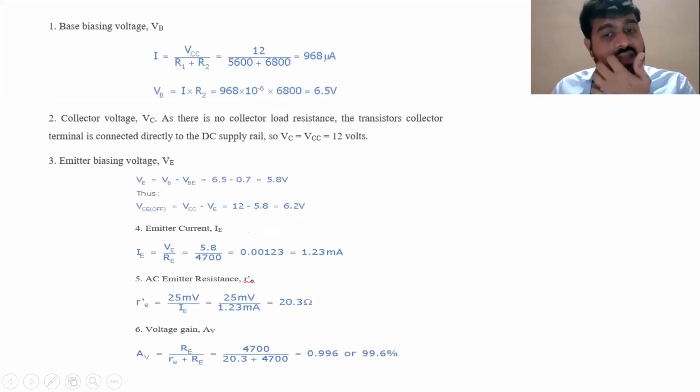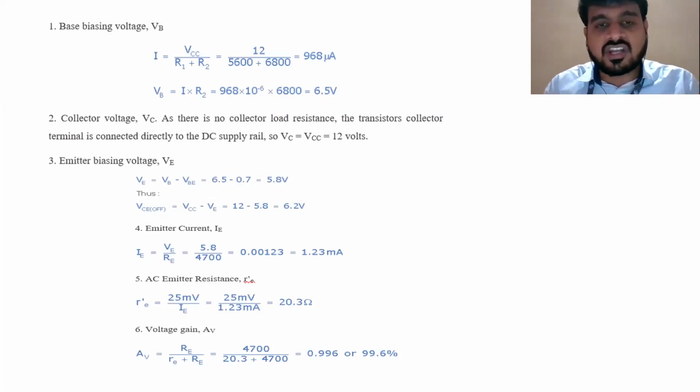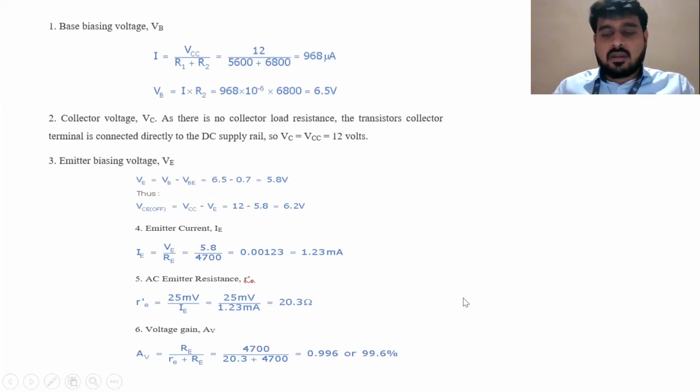So I got 99.6% of the AV, 99.6% gain, which is very high gain. So from that I can make out the gain of the amplification. My signal, whichever I have produced as an input signal, is giving me a highly gained amplified signal. That is the conclusion I can make.